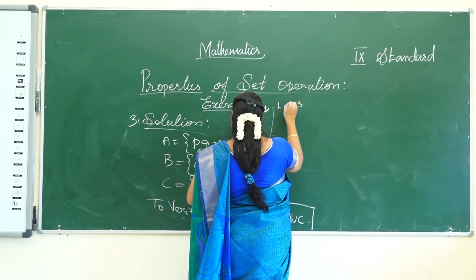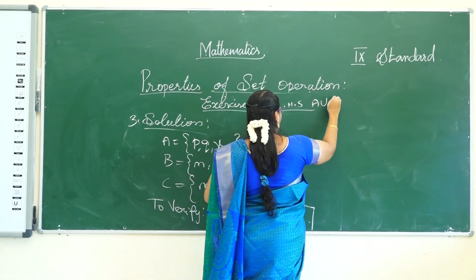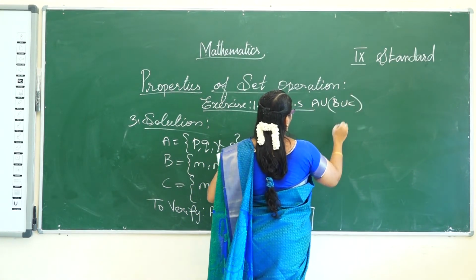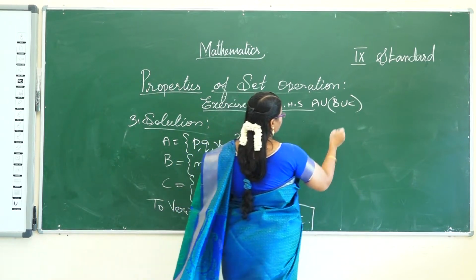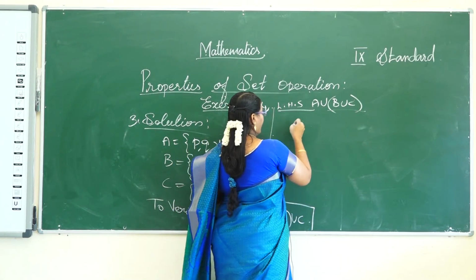Left hand side: A union (B union C). First preference to the parenthesis.